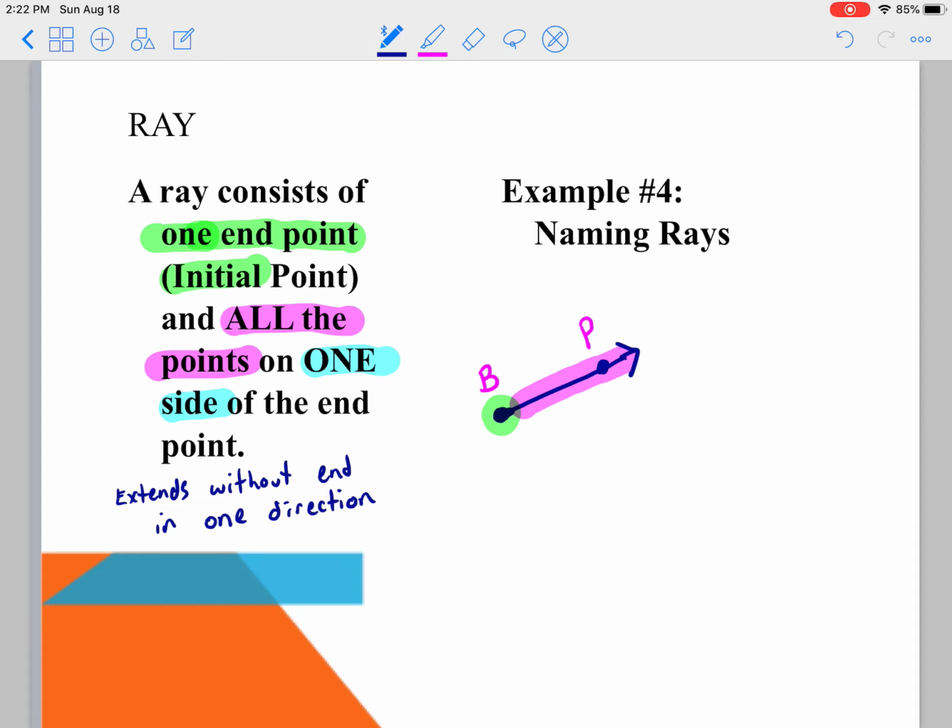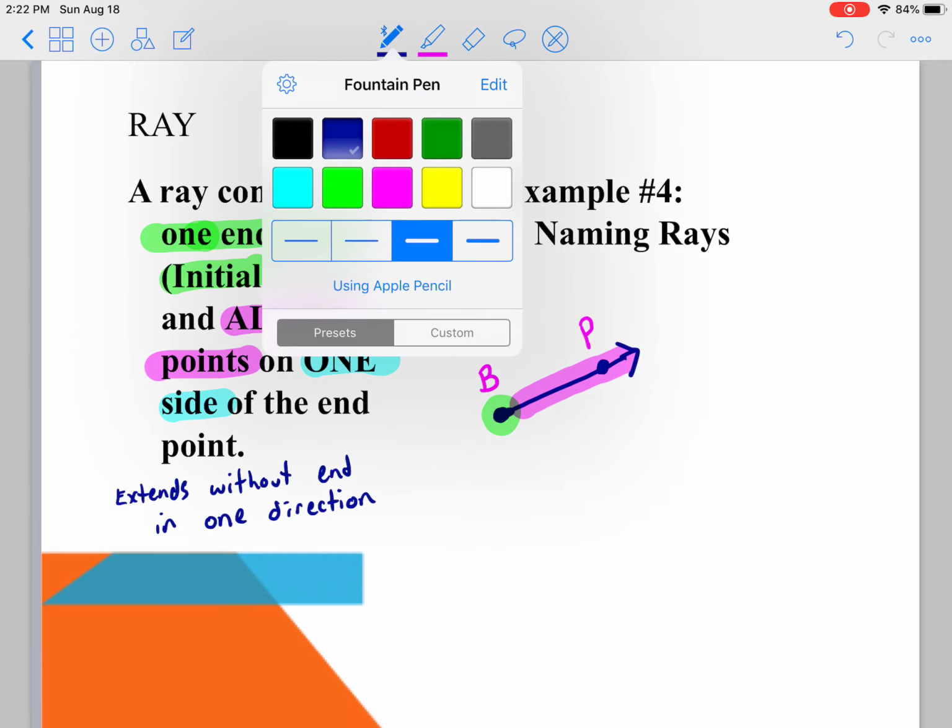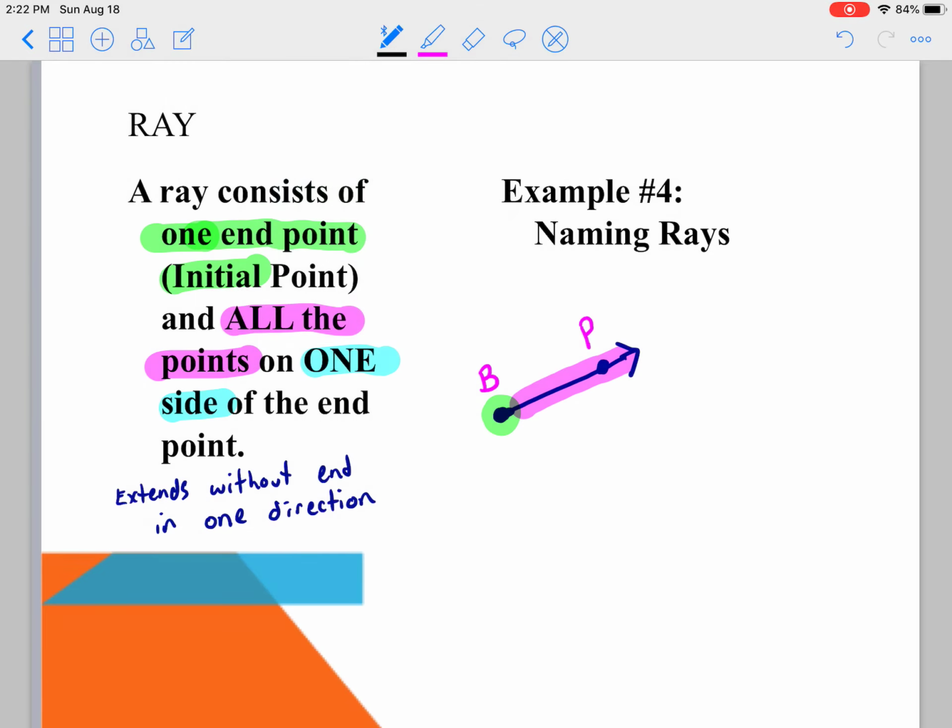So it's kind of like a combination of a segment and a line. We take one end from a segment and one end from a line, and we put them together, and we call it a ray. So my part of the segment is my initial point, or point B in this case, and it's going to extend like a line forever toward point P. And so when we name a ray, we have to be very specific.